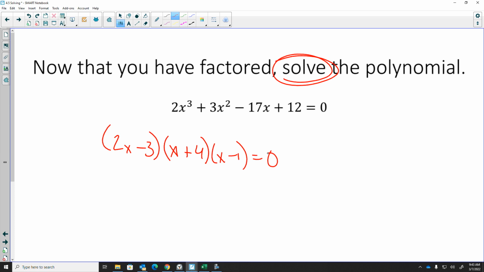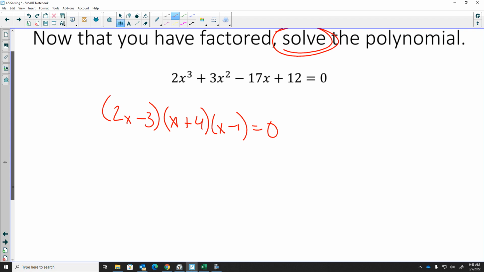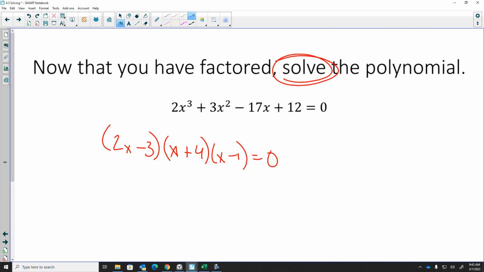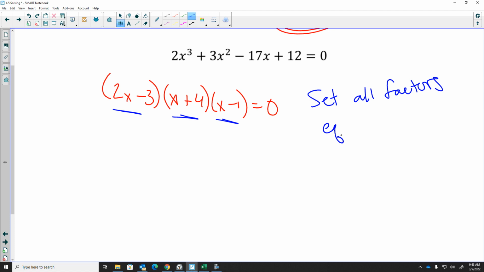You get x equals something. How did you solve them after you factored? Remember, you used the zero product property and you set all the factors equal to 0.